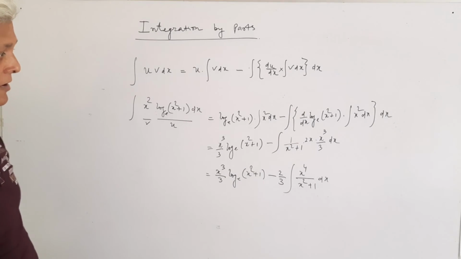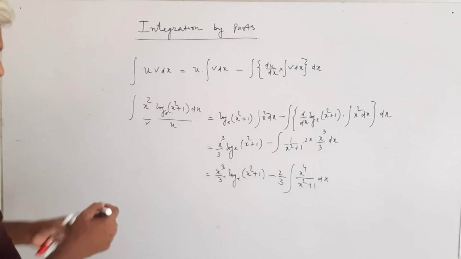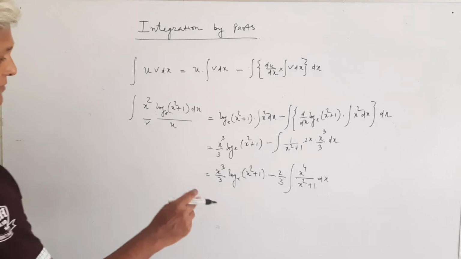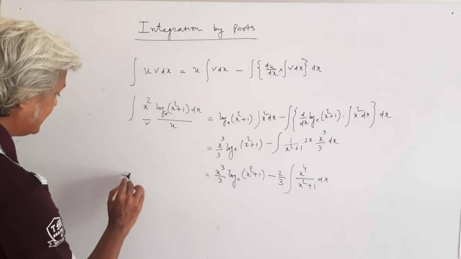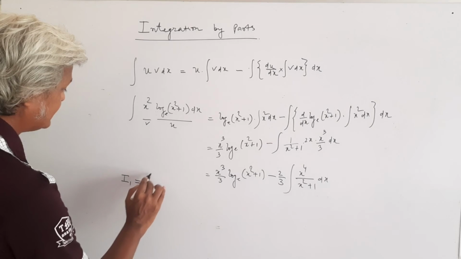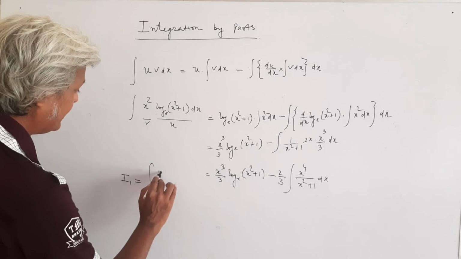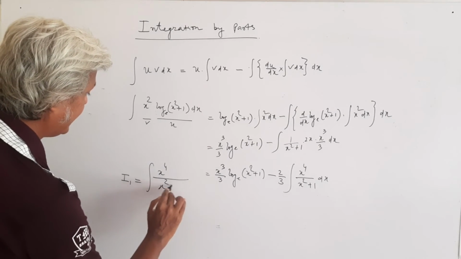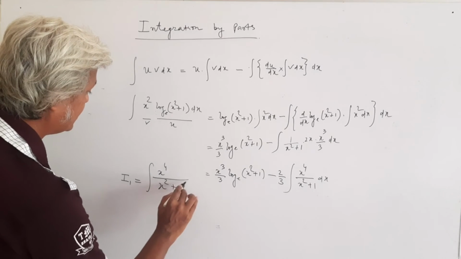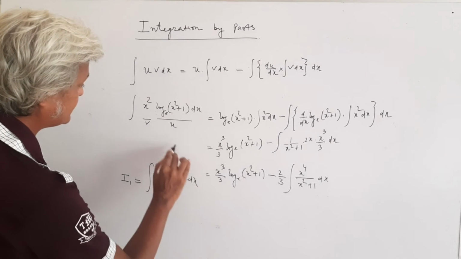So now how to find it? Here I'm just doing this one separately. I call it I1, the integration of x to the power 4 over x square plus 1 dx.